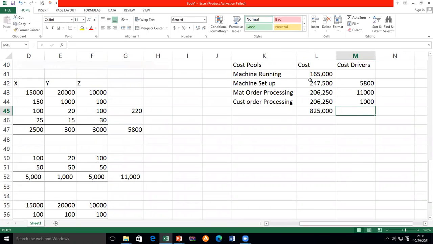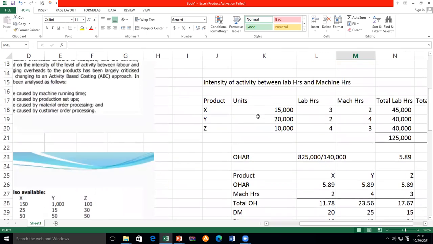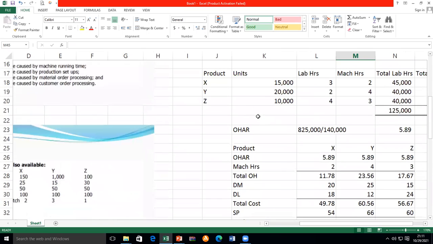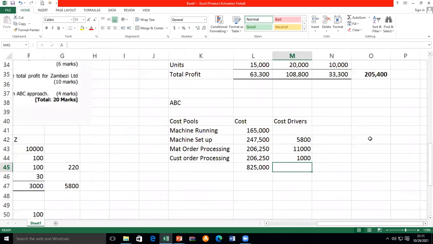What of machine running? This one was tricky for you. What you needed to use was the machine hours, which you calculated at the beginning. The 140 is the driver here. Then you find the cost per driver.